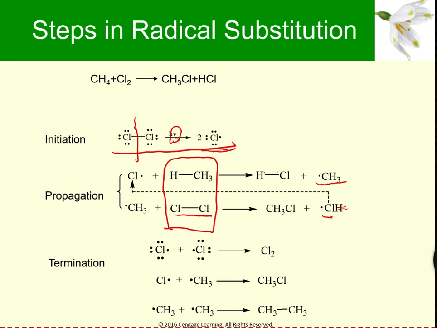We can imagine a combination of two chlorine radicals, a combination of two methyl radicals, and a combination of a methyl radical and a chlorine radical. So that's how the radical species disappear in this system. After the radical species disappear, the reaction will stop.